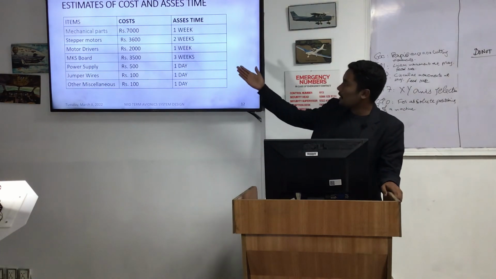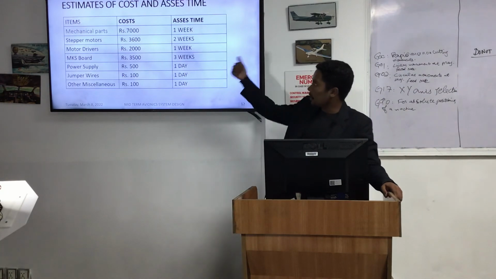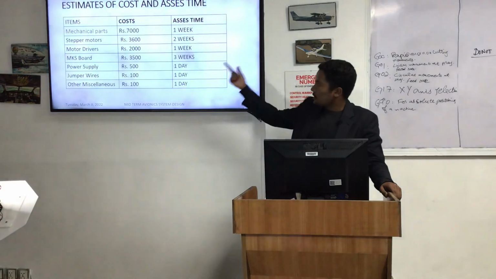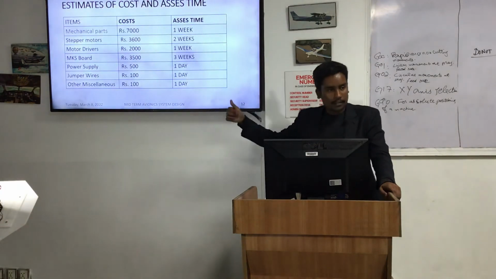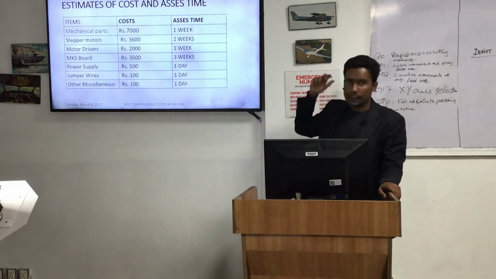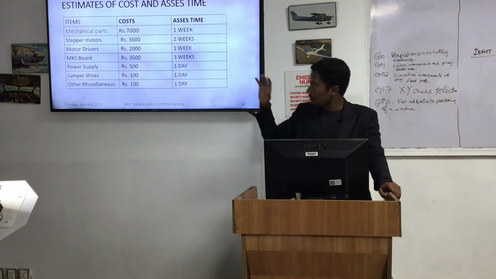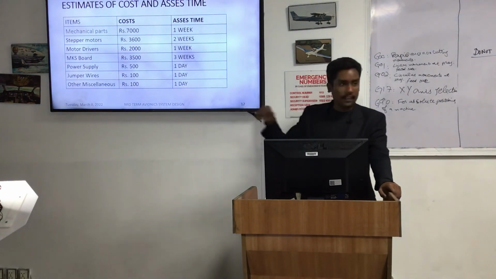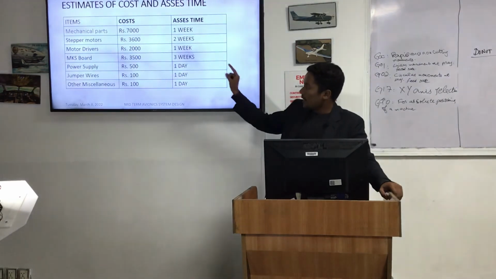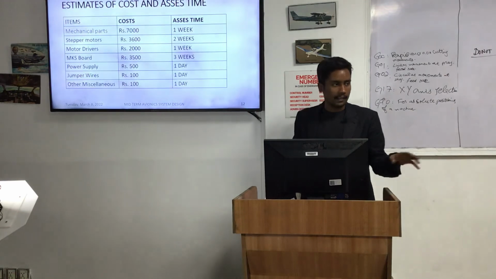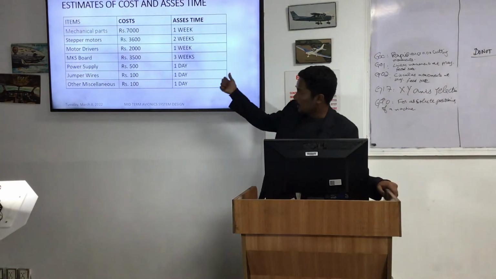The mechanical parts cost rupees 7,000 and SS time is 1 week. Stepper motors cost rupees 3,600 and we got them in 2 weeks. Stepper motor drivers rupees 2,000 and we get them in 1 week. Then the MKS board costs rupees 3,500 and we get it in 3 weeks.